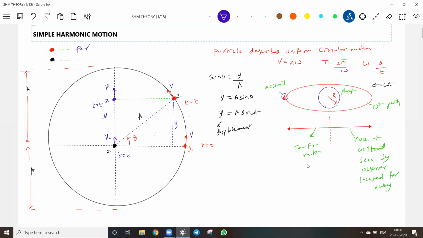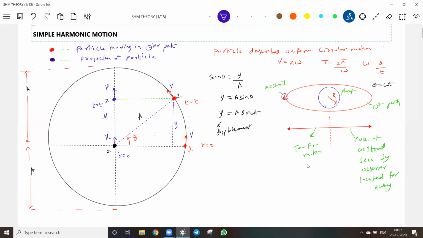The red color is the particle moving in a circular path. What about here? Projection of the particle. Path described. So 2 is not a particle. 2 is just the projection of the particle. The particle is moving in a circular path. That's all.